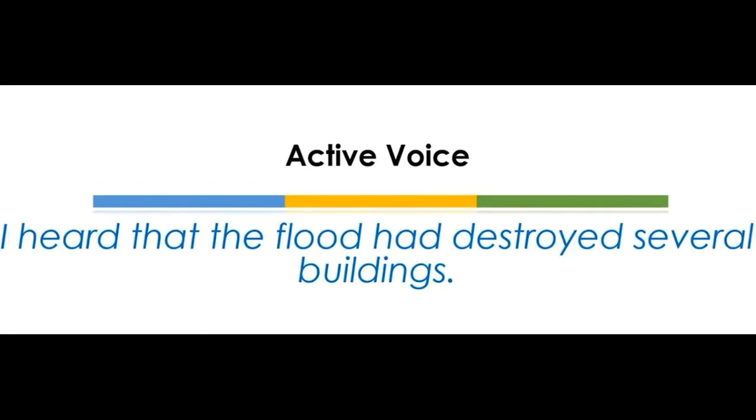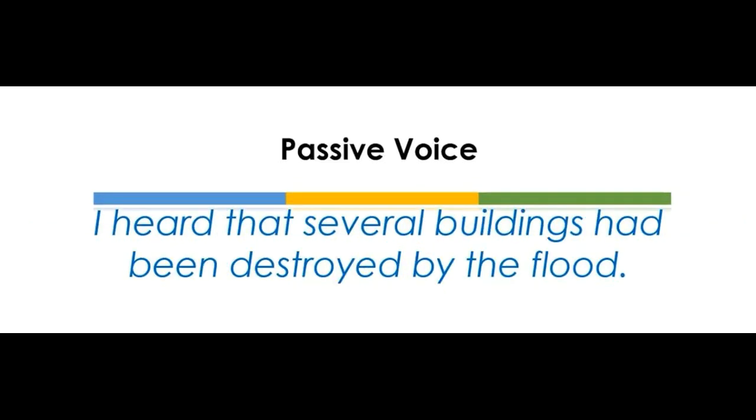The third and the final one is, I heard that several buildings had been destroyed by the flood. Convert it into active voice. The answer to the third one is, I heard that the flood had destroyed several buildings.